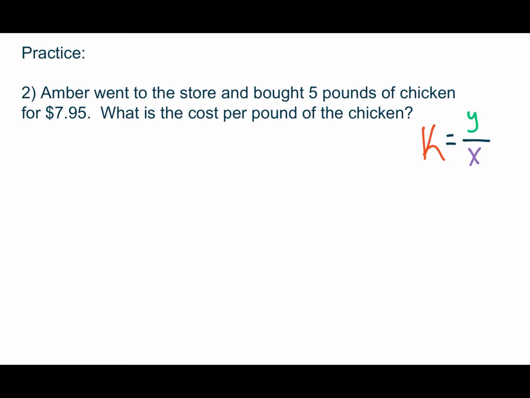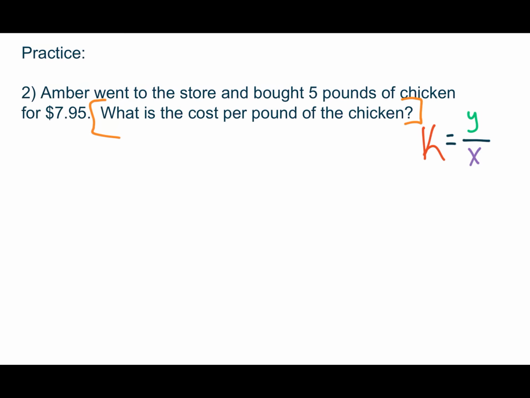So number 2 says, Amber went to the store and bought 5 pounds of chicken for $7.95. And we want to know what is the cost per pound of the chicken. Again, we're going to be using this equation, k equals y divided by x, but we've got to figure out what our y and our x value are represented by in this problem.